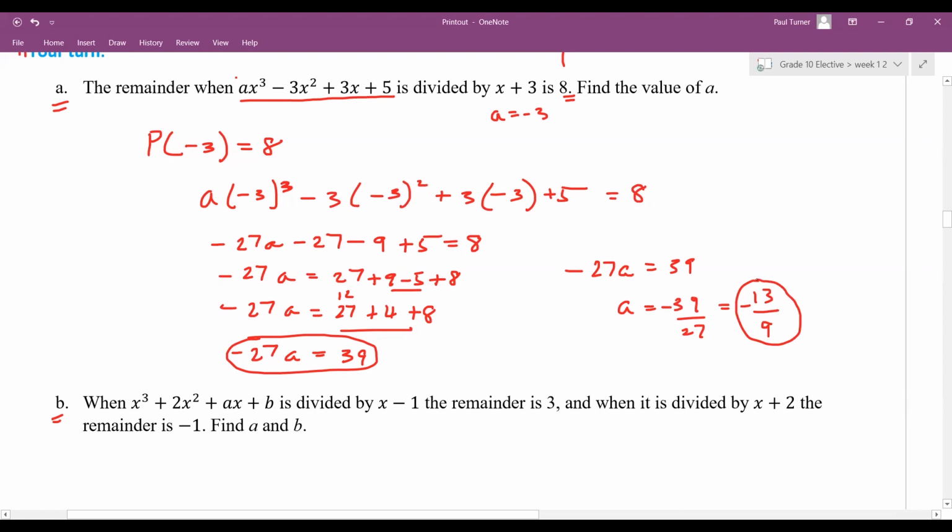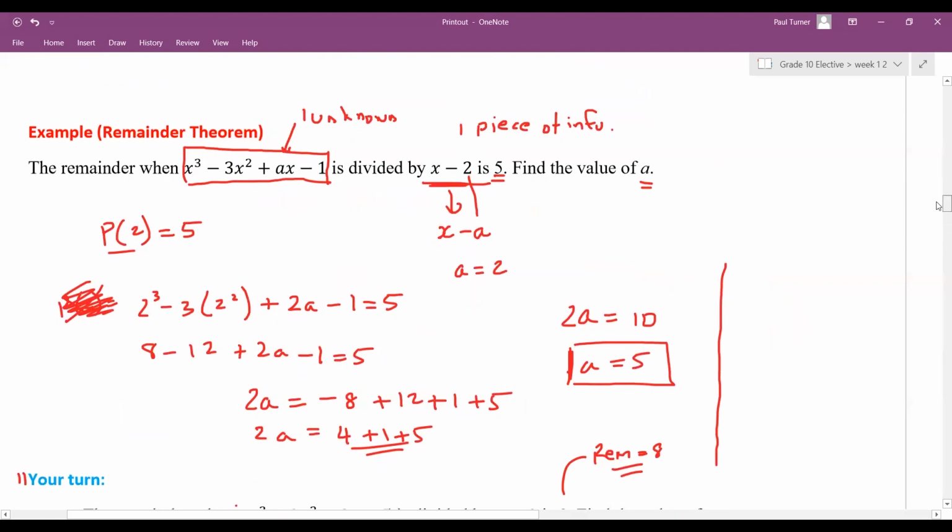Did anyone get that? Those who are paying attention. Anyone? Okay, so that's the answer there. It will be on the video anyway. But take a look at that. You may have made some error with this section here. Okay. Shall we move on?